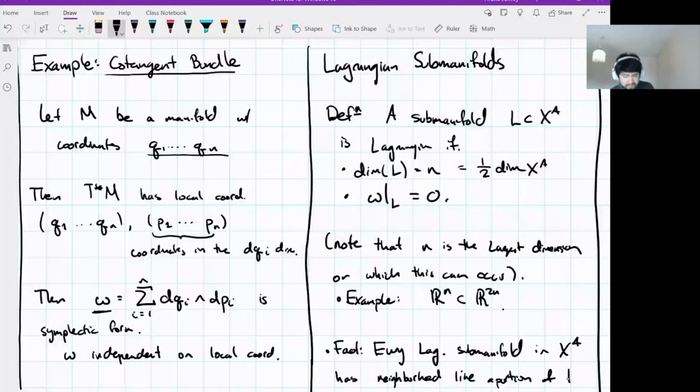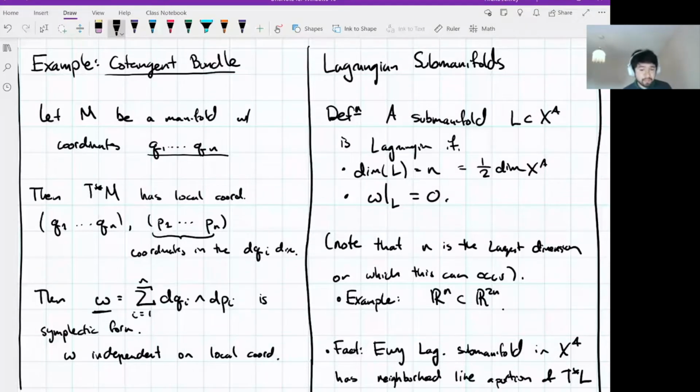So just like we said that every space was locally modeled on R^{2n}, if I find a Lagrangian submanifold, I can find a local model that looks like the cotangent bundle of that Lagrangian submanifold.